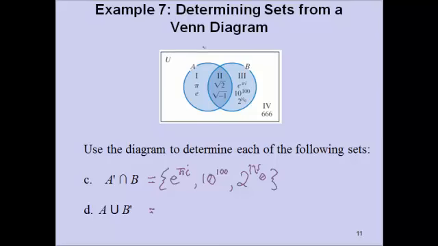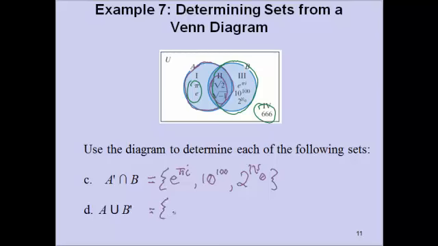So A is all of this, okay, so we're going to have all of that, and then union with B complement, everything that's outside of B, okay, so you want to have everything that's outside of B. Well, what's outside of B is over here and these guys right here, okay, and then of course what's inside A are these 2 guys right here, okay, so you're going to have these 5 elements all together.